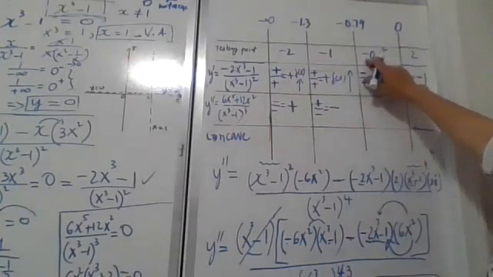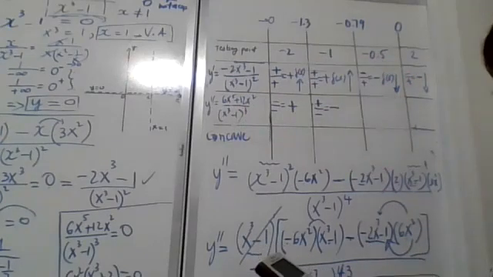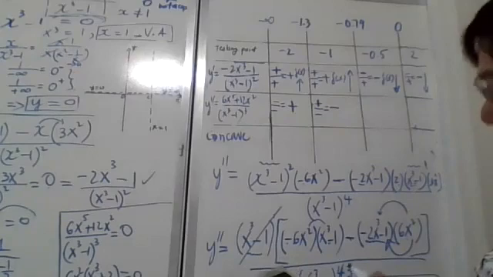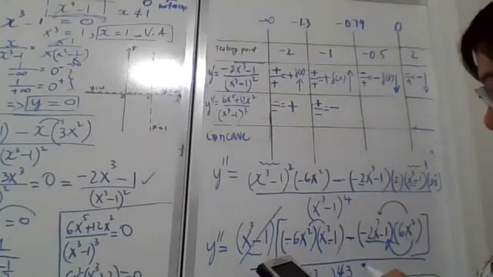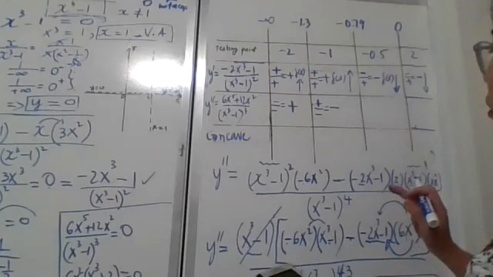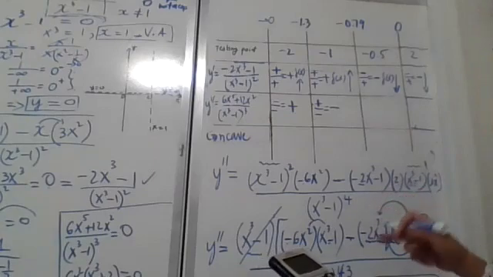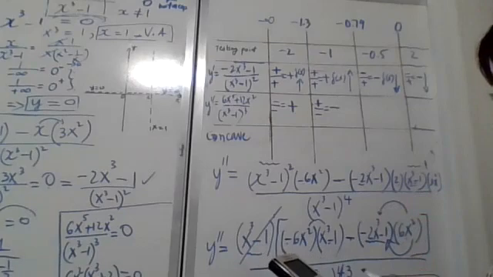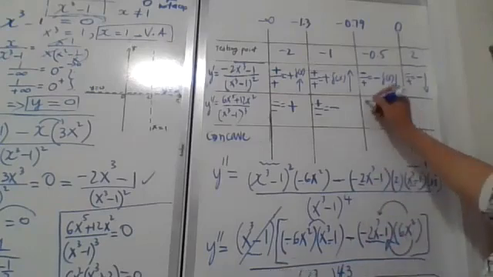So minus 0.5, let's do that. Minus 0.5 to the power of 5, times 6, minus 6, adding with 12 times 0.5 squared. Okay, so that number becomes positive as well.